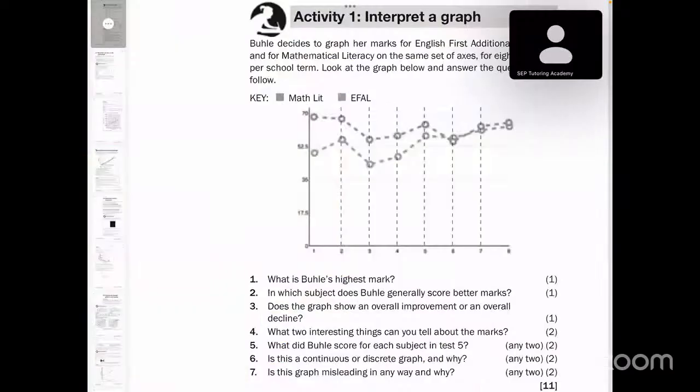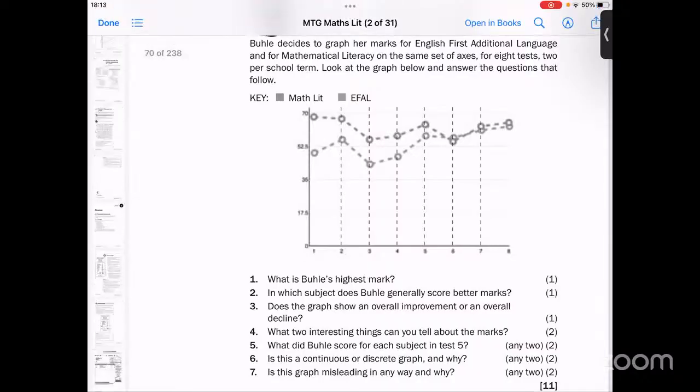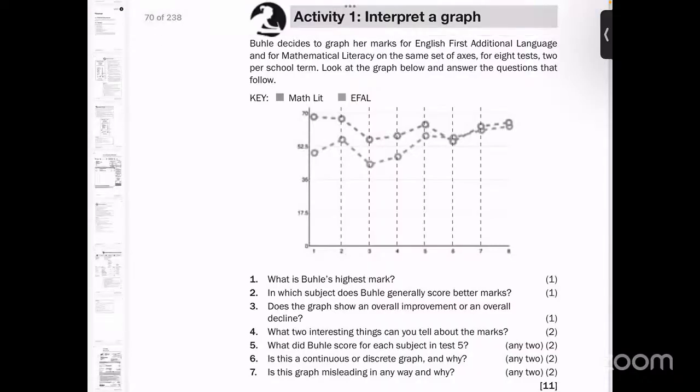Okay. So now we are going to be continuing with the interpretation of a graph. Let me quickly check there. We are given a statement, and that statement is followed by a graph that we will need to go through.